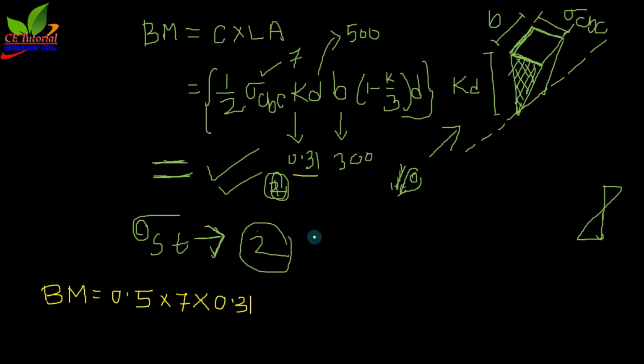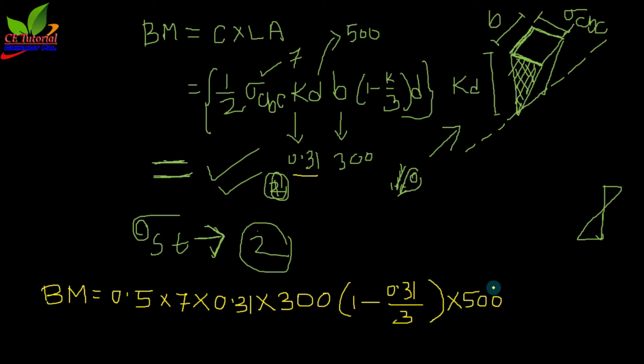This is the K value, and B value is 300, multiplied by 1 minus 0.31 by 3, multiplied by 500.